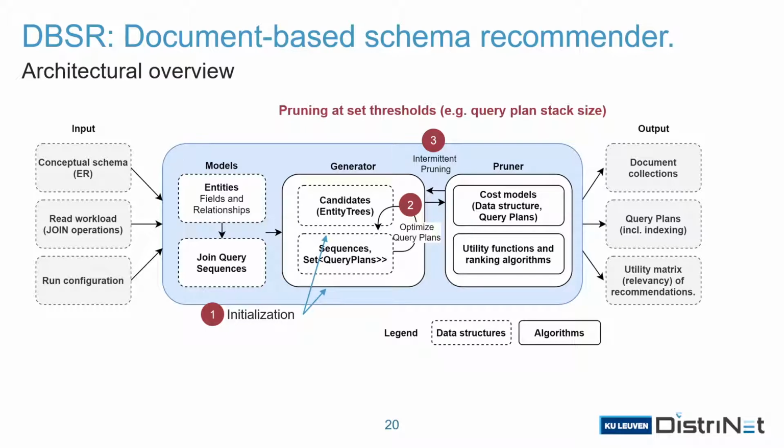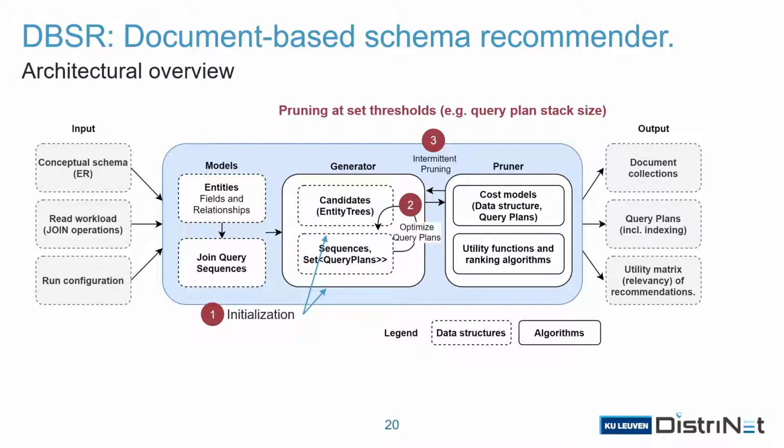So eventually, the query plans which still require optimization, this stack might grow rather large, say around 100,000 or 120,000 query plans. Eventually we will start to prune this stack by sorting the query plans from least to most effective, and then of course prune the least effective ones. We can similarly also prune documents, and then the generator can of course continue and move on and generate more.